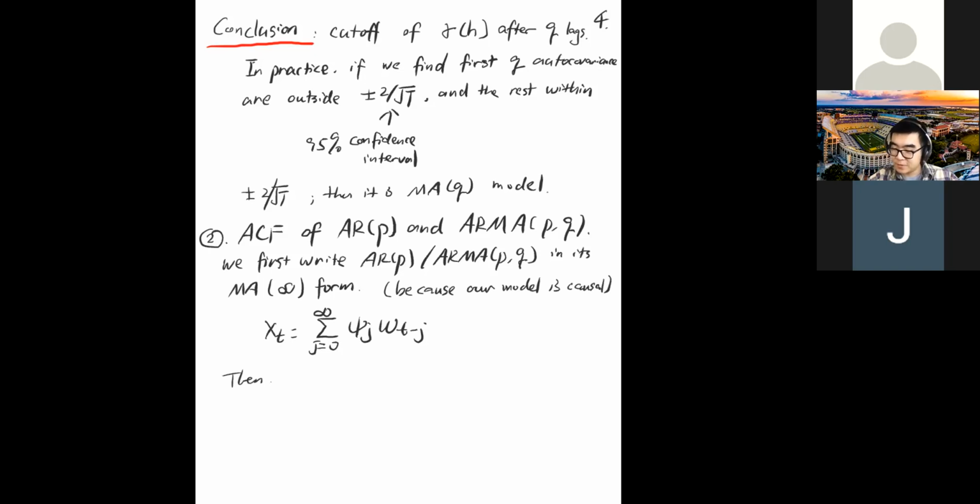Number 2, find gamma H, the autocovariance function.